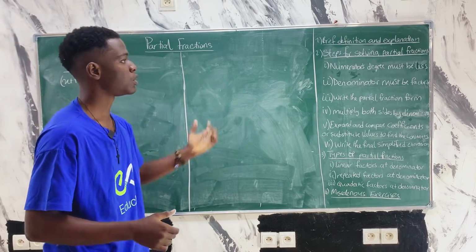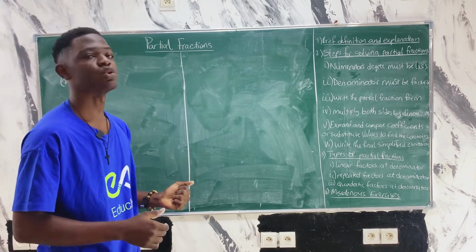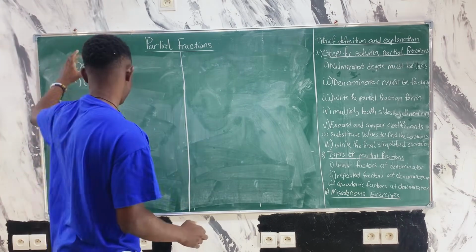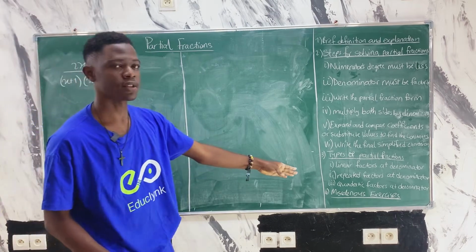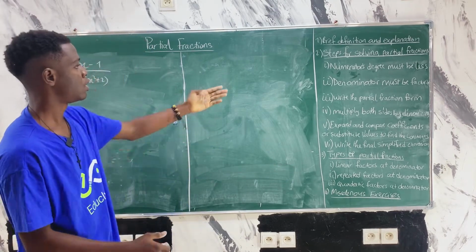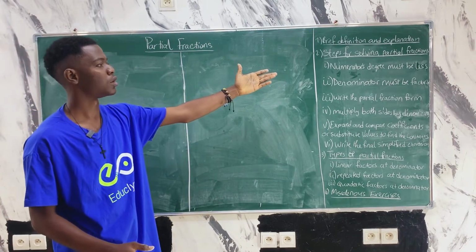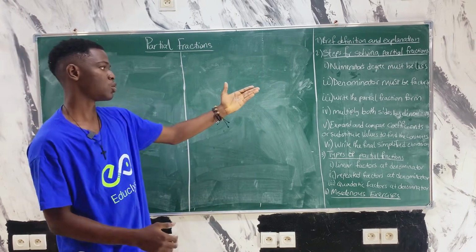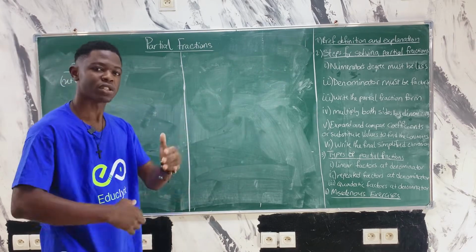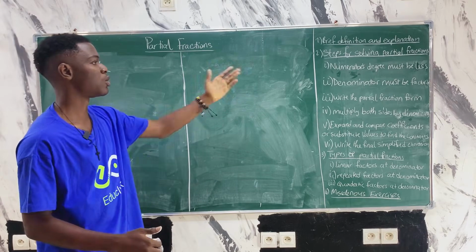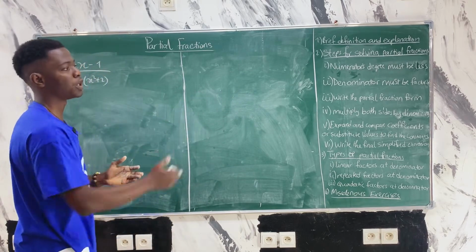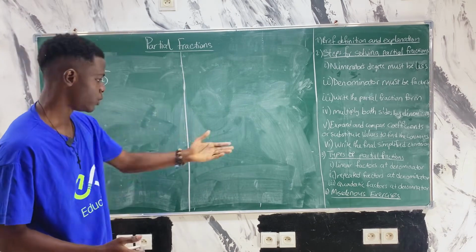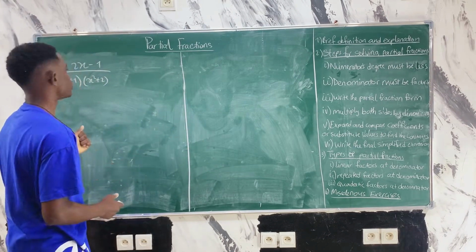We firstly make sure that the numerator's degree must be less than the denominator's. After all of this, I'm going to solve those miscellaneous exercises, cases where the first condition is not respected, the second condition also is not respected, so that you see what to do when those two conditions are not respected, because till now we have just solved equations where the first two conditions are respected. So on the miscellaneous, we are going to see them.